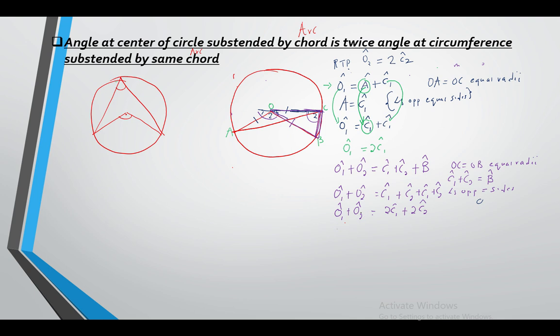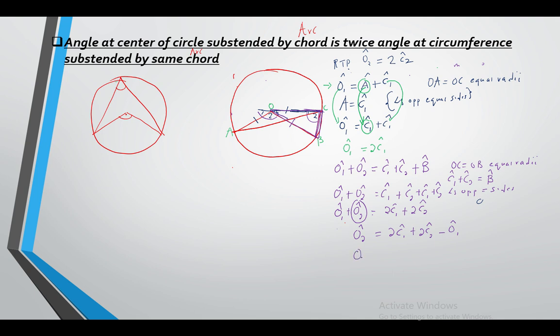Let me make O2 the subject of the formula because my focus is on the angle at the center, this one. So I want to say O2 is equal to 2C1 plus 2C2 minus O1. O2 is now my subject of the formula. Remember, I want to prove that the angle O2 is twice C2.